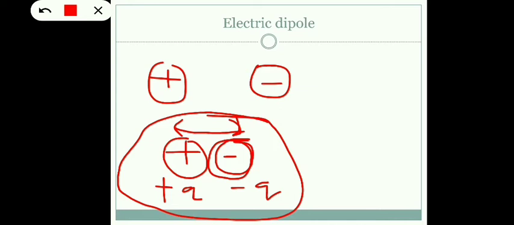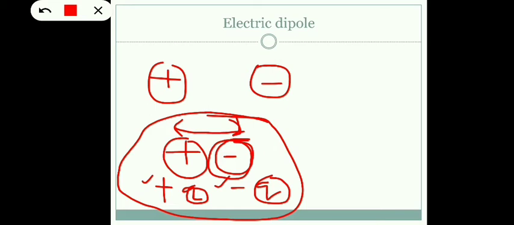I repeat, a system of two equal and opposite charges. If you consider the system, these two charges are equal in their magnitude. This is plus q, this is minus q. So their magnitudes are the same, but at the same time their polarity is different. That's why we call it opposite charge.